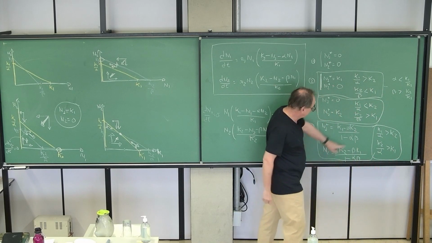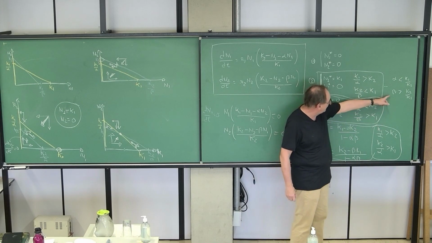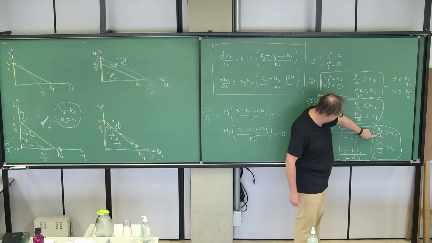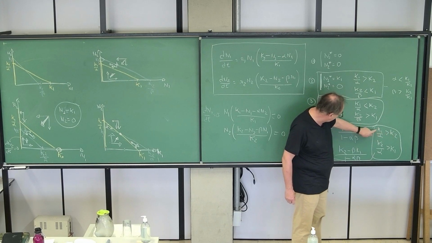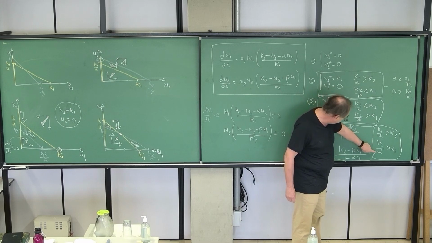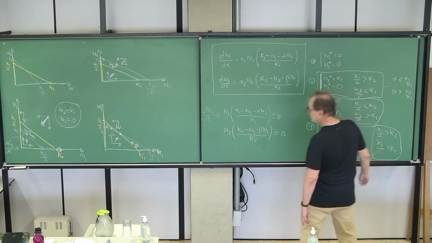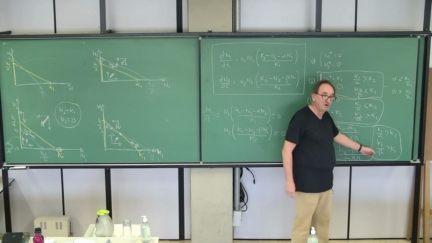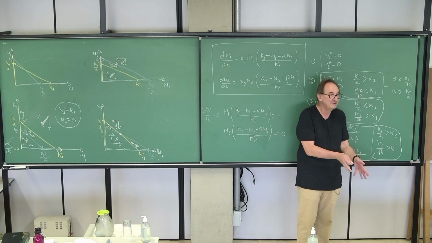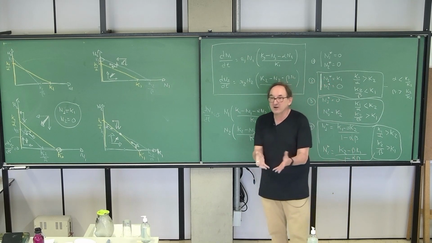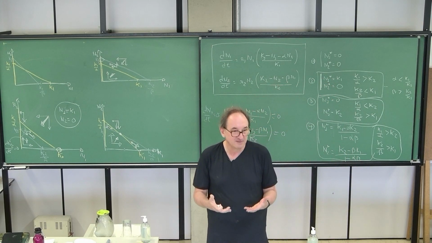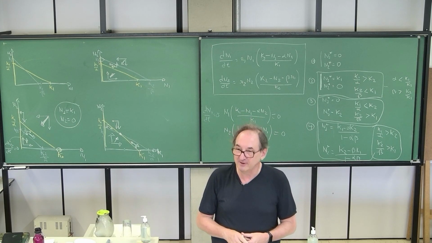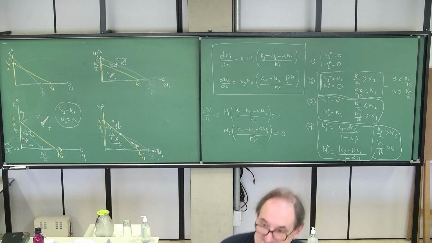And again, you see, in this case you would have these inequalities, which is alpha would be smaller than K1 over K2, and, here's a beta, no? Yeah, the beta. And beta would also be smaller than something. Now both are small, which is the definition of weak competition in this case. So they can be very small, therefore the mutual influences are not very important, and they can coexist.